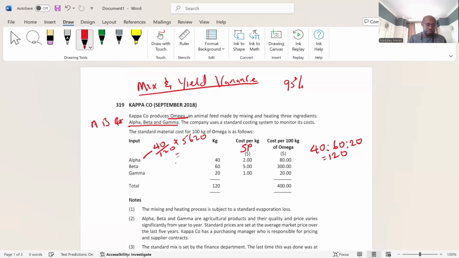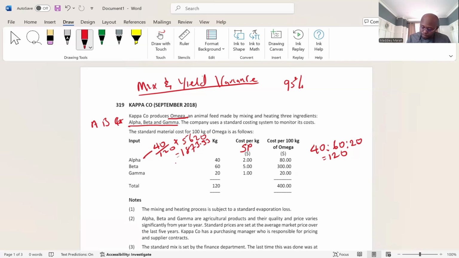What's the answer for this one? This will give me 1,873.33. This is my standard quantity at actual mix for alpha.